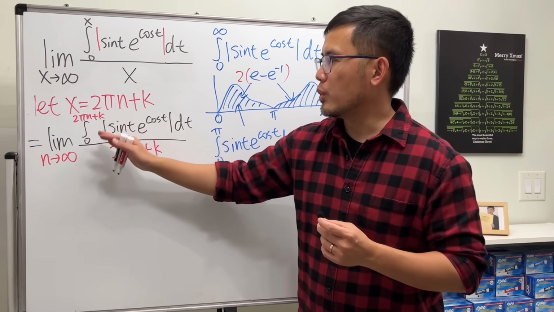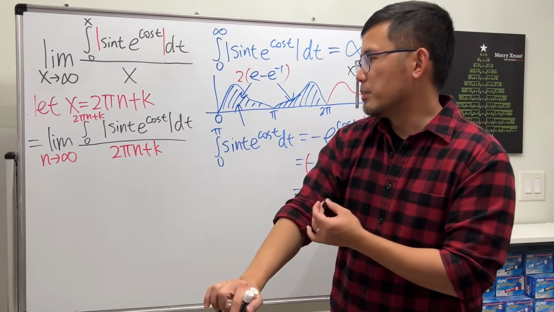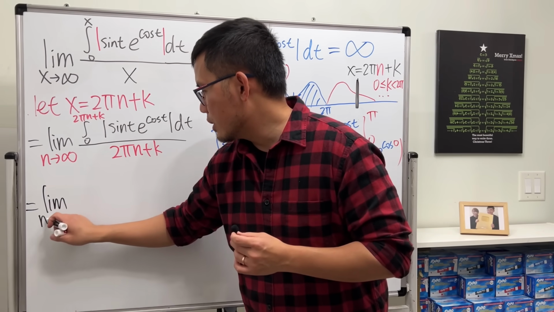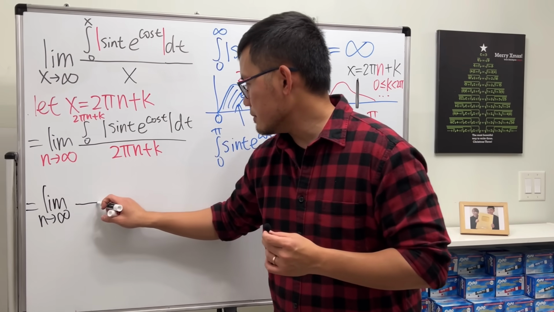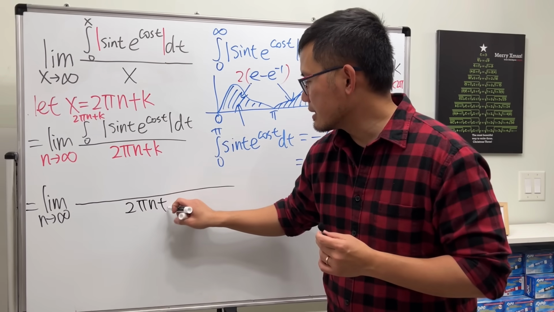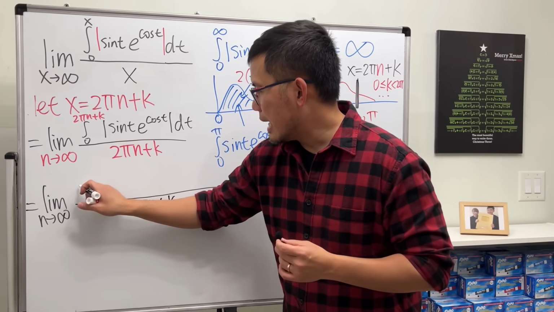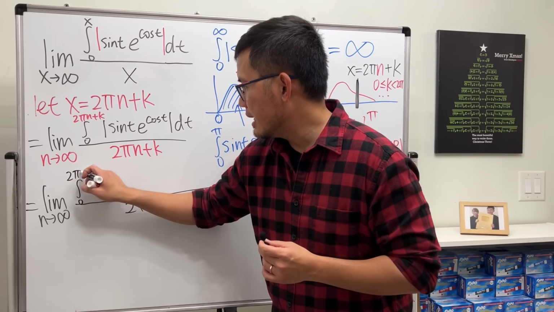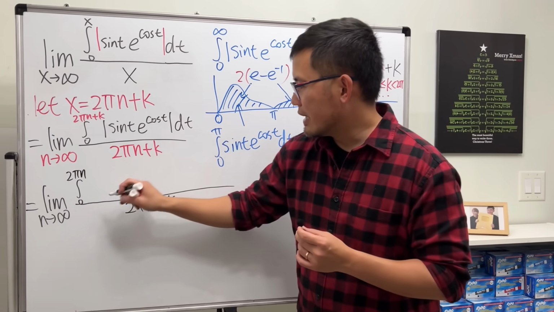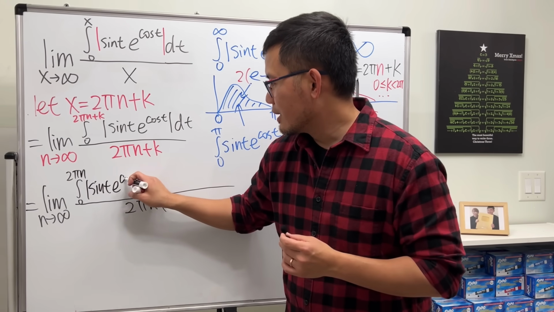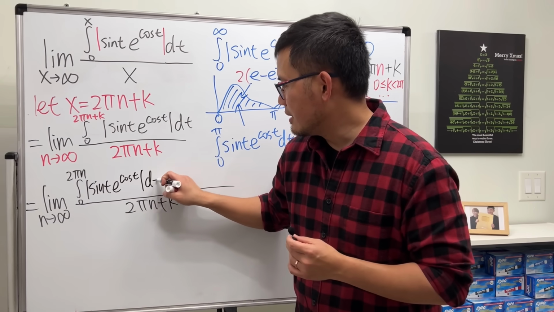The first part is when we end exactly at the multiple of 2 pi. So this is going to be the limit as n goes to infinity. The bottom is just 2 pi n plus k. On the top, let's go ahead and write down the integral from 0 to 2 pi n, and then we have that, let's just write it down again: the integral of absolute value of sine t e to the cosine t dt.